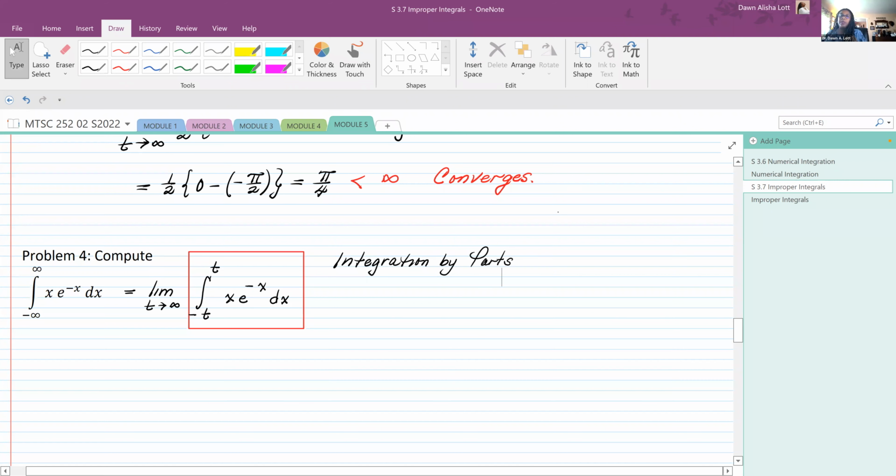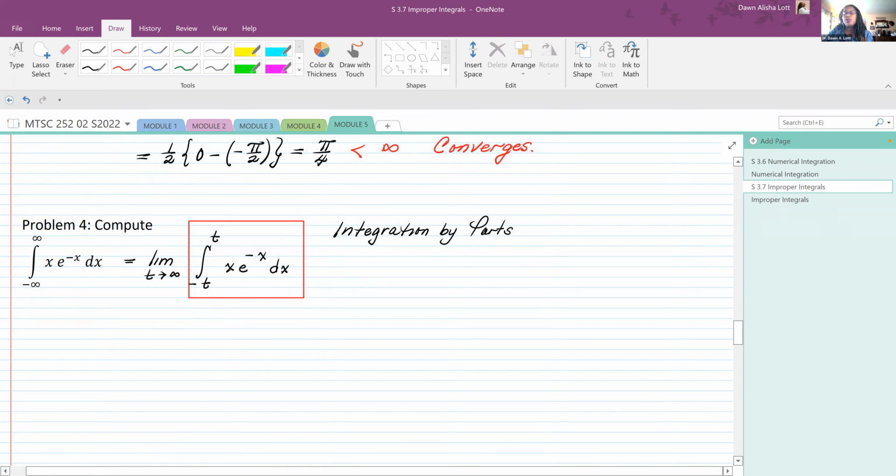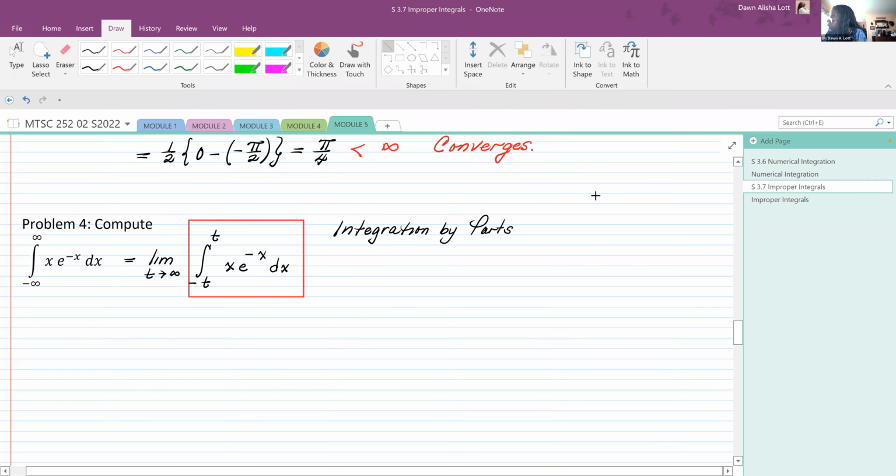Okay, so integration by parts. All righty. And so in order to do integration by parts, I'm going to use my little table only because I like it. I have an x that when I differentiate it goes to 0, so I can do that. I'm going to put derivatives on this side and integrals on that side. So I have x, 1, and 0.